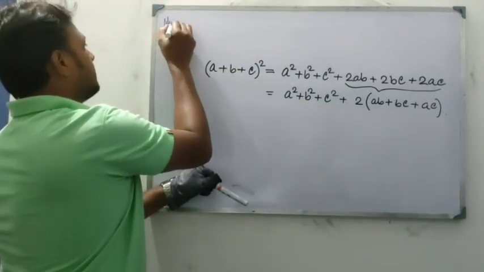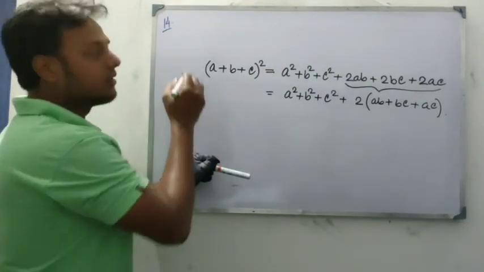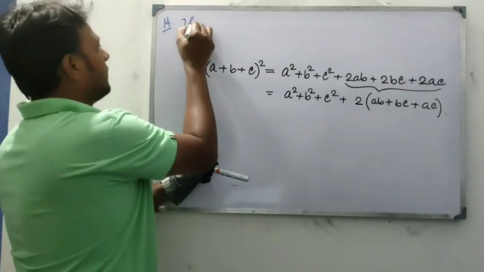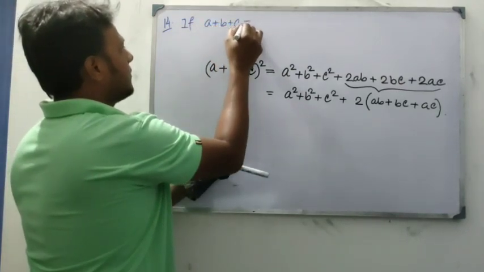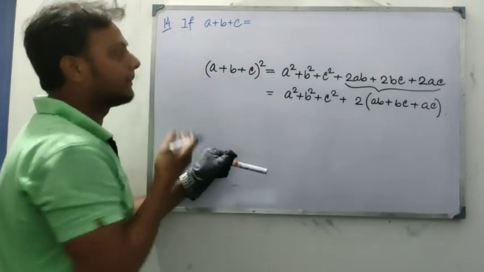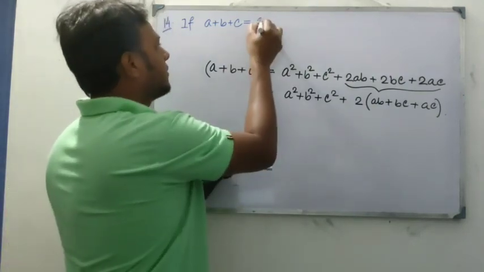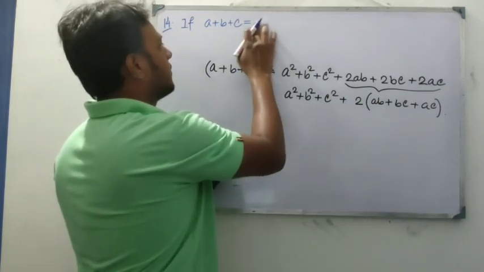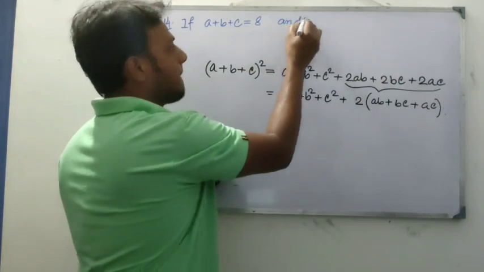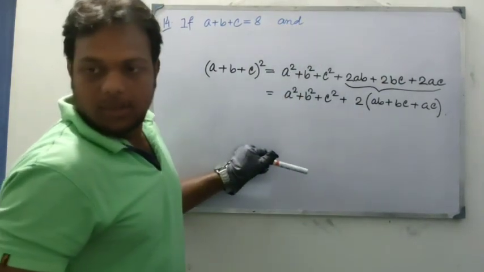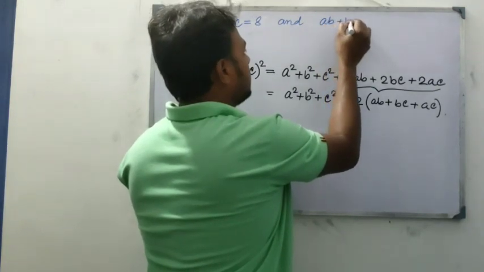Problem number 14 is given that if a plus b plus c equals 8, and ab plus bc plus ac equals 19.